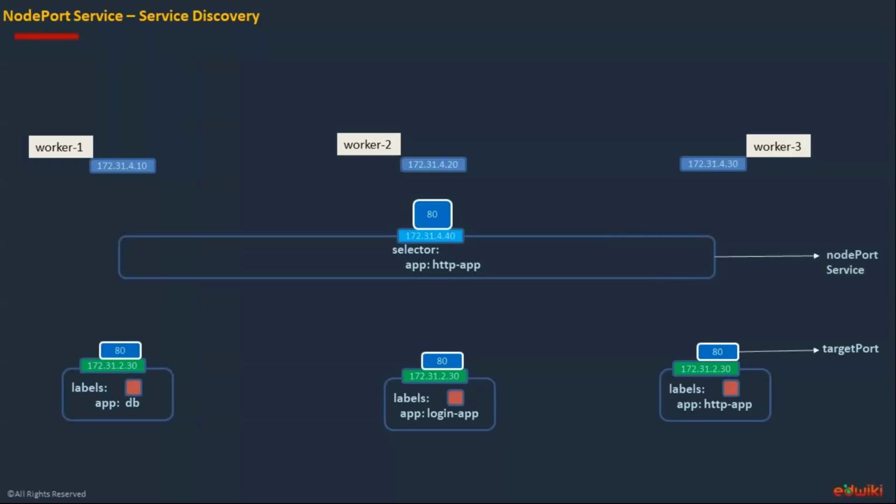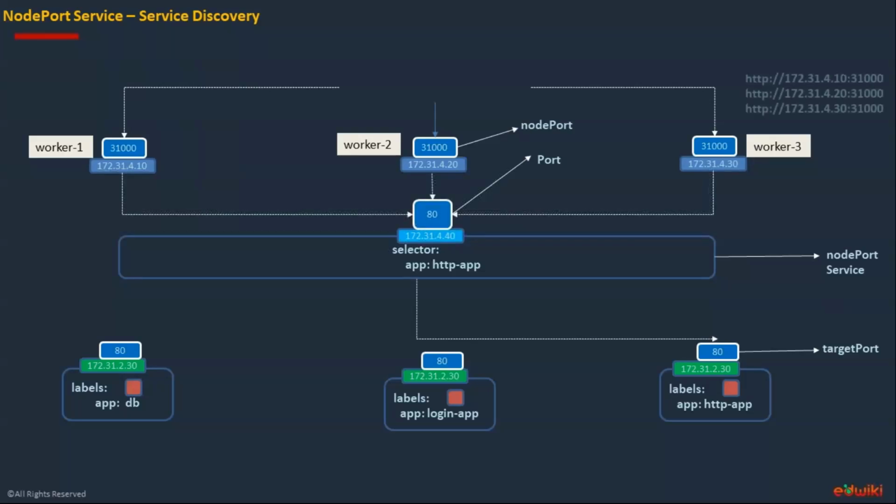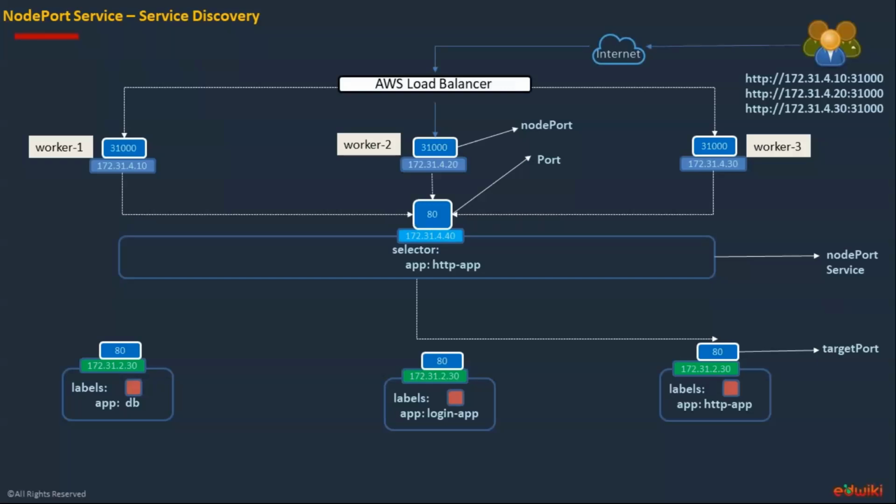Then you access the application using the service that you have configured, preferably the load balancer type of service, because that will take care of creating the cloud-specific load balancer, so that the application can be accessible via the load balancer. So you don't need to worry about sending the traffic to a specific worker node per se, correct? This is the whole summary so far.